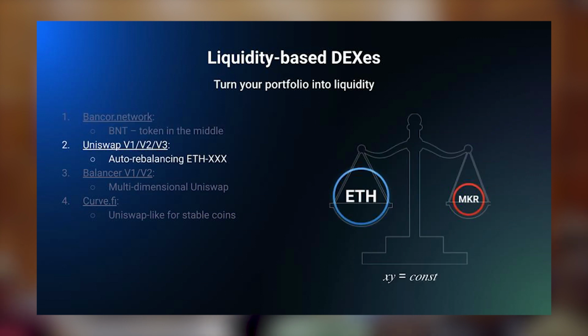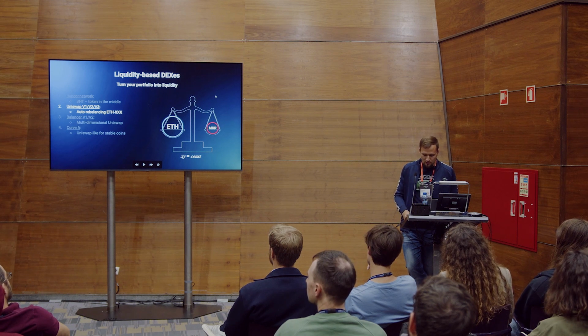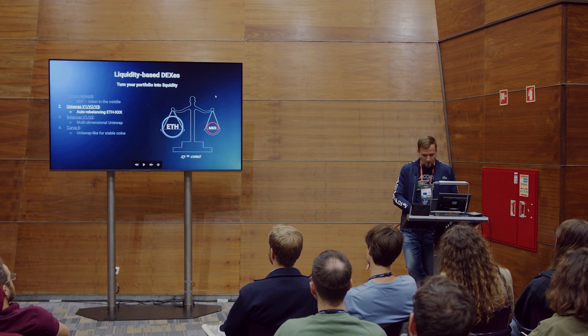What is different about Uniswap is that they came up with a really simple formula: the product of balances, the multiplication of balances, should be kept constant, or better, a little bit more to earn fees.